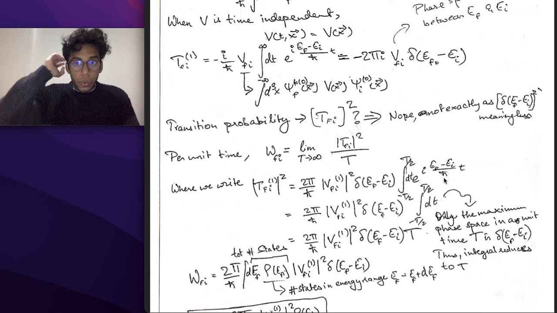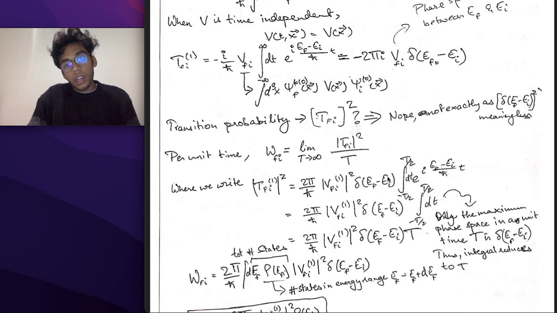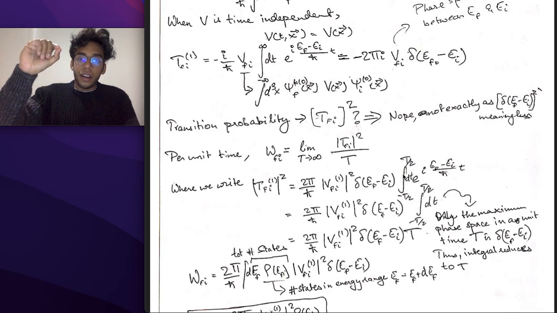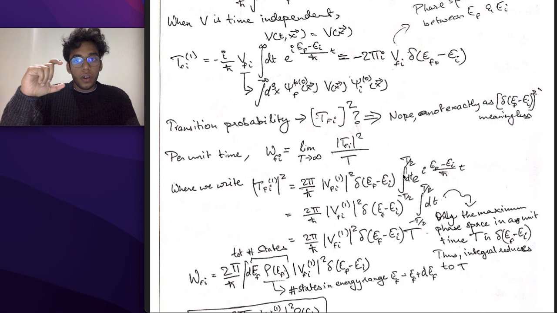And what happens when you do that is, because of this delta function, this exponential here vanishes. So you just have a pure integral with respect to time, which essentially tells you that in the transition time, the maximum difference between the energy levels is EI and EF.